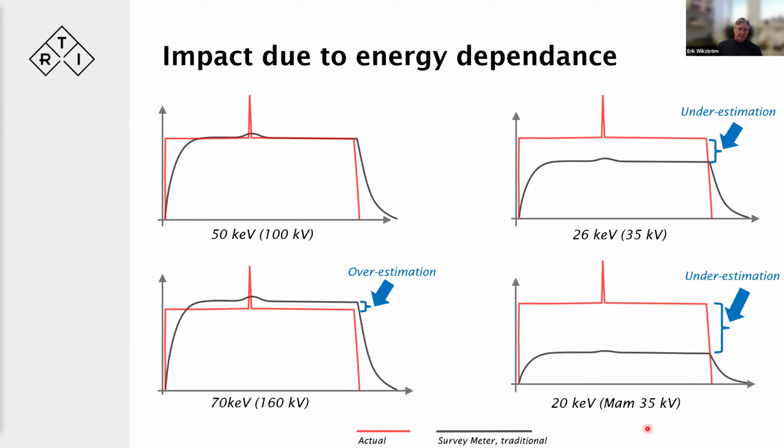So that's maybe a reason why, or maybe the radiation is so weak that there is no risk involved, but then again we don't know. These are the risks that we're running with traditional meters. So that's when it comes to leakage, when we're looking at the air kerma from an X-ray machine.